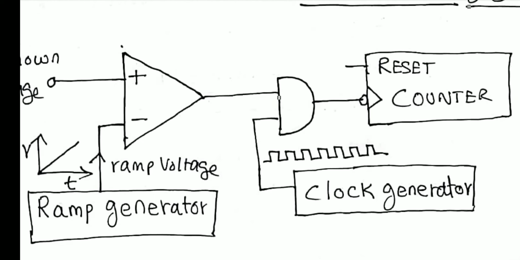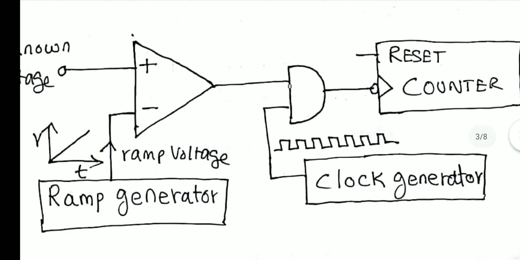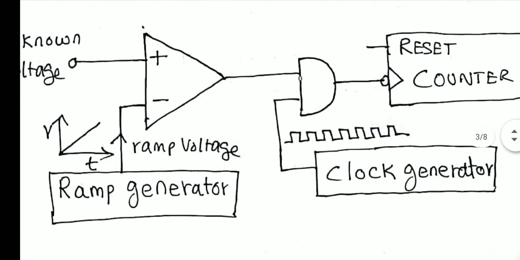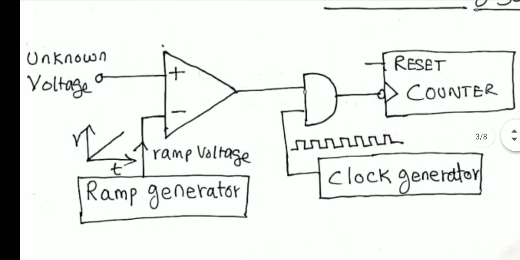The counter has a reset input, through which you reset it to make the initial value 0. After that only, the circuit should be on.